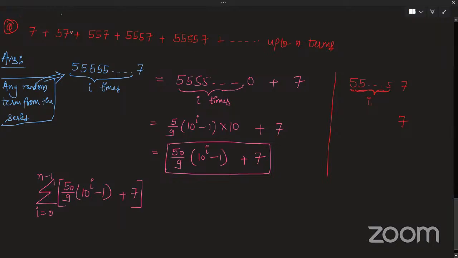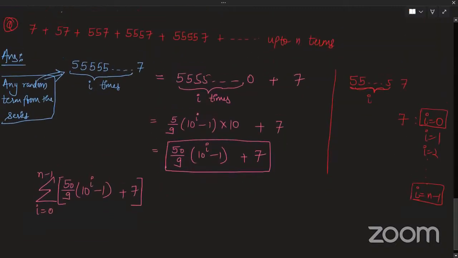In that, how many times is 5 coming? 0 times. So for the first value, i is 0. And in the last term, there are total n terms. First term, then we have i equal to 2, then i equal to 3. Like that, I have total n terms. So it will end at i equal to n minus 1. Fine? So my limit will go from i equal to 0 to i equal to n minus 1.